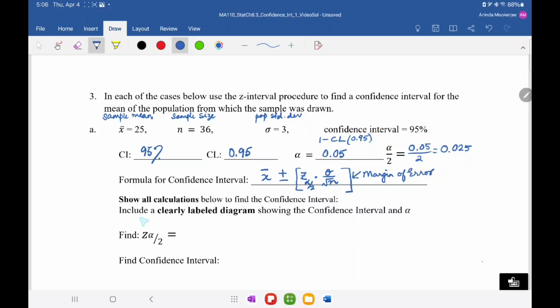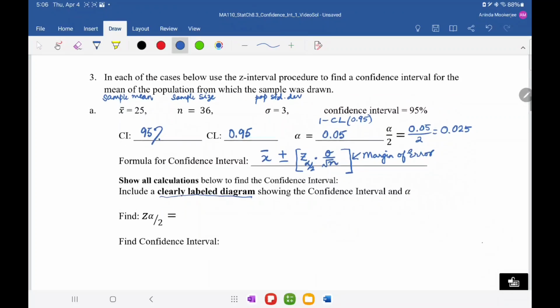Okay, and then it says include a clearly labeled diagram showing the confidence interval and alpha. So let's draw our diagram here. It's going to be a normal curve. So here's my picture of the normal curve.